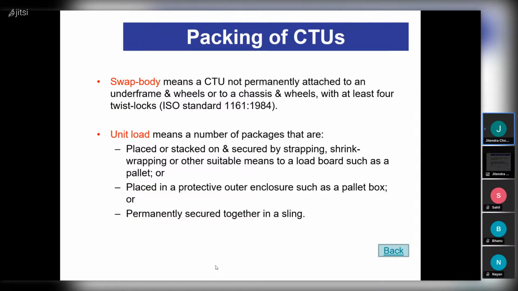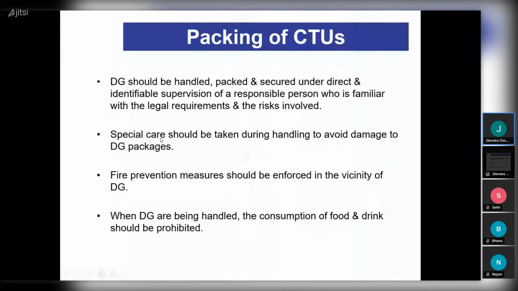There is a swap body where you can remove the body from the container, and the parcel can be transported directly. So it's not attached to any frame or wheels. It's just like a liftable parcel. Then unit load. We'll just skip the definitions.